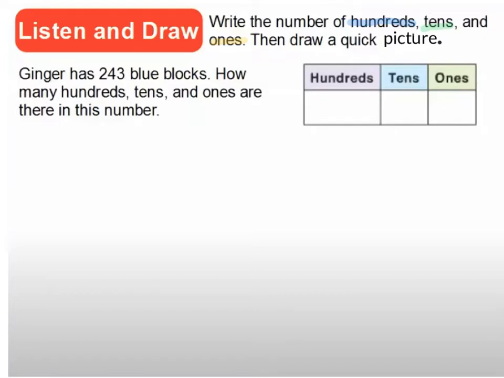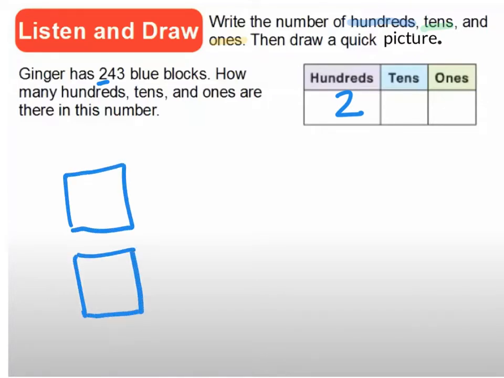Ginger has 243 blue blocks. How many hundreds, tens, and ones are there in this number? So let's start by drawing a quick picture. So we have 2 in the hundreds place. So 2 squares. We have 4 in the tens place. So 4 10 blocks.